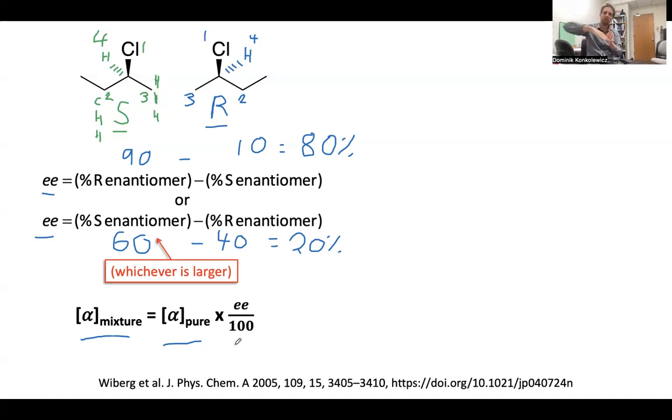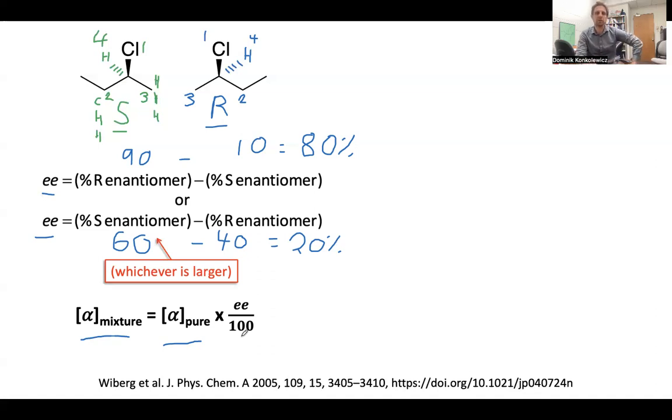So we only get a partial rotation because we have some S that's undoing what the excess of R is doing. So the rotation of the mixture is the rotation of the pure one scaled by the enantiomeric excess.